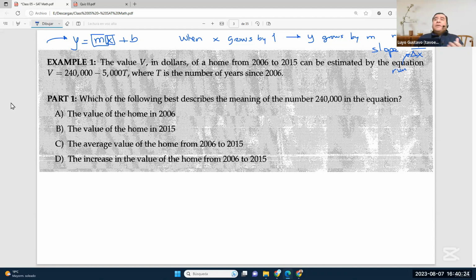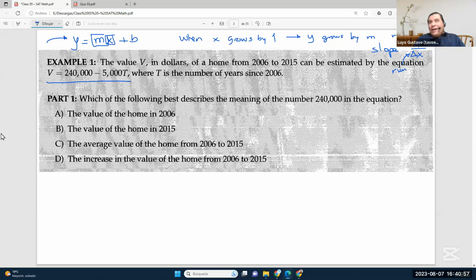For example, it says the value in dollars of a home from 2006 to 2015 can be estimated by the equation. Take a look at the equation. V equals 240,000 minus 5,000 times t, where t is the number of years since 2006. So try to visualize in your mind when you see something like this linear relationship. Try to visualize the variable on the left as your y and the variable on the right as your x.